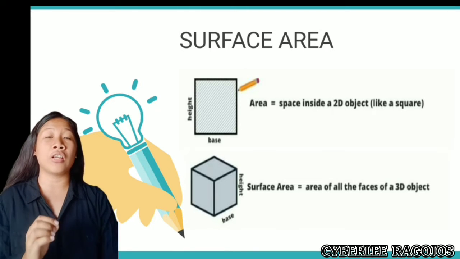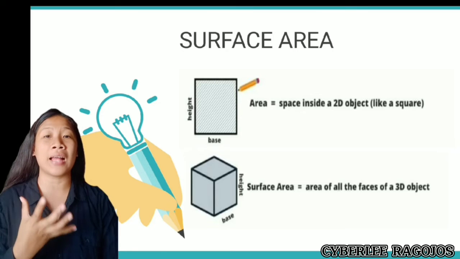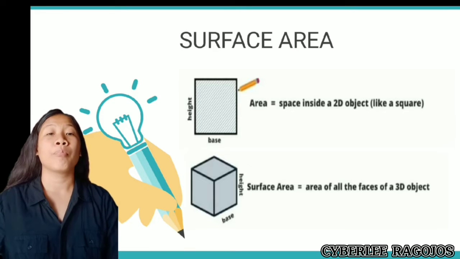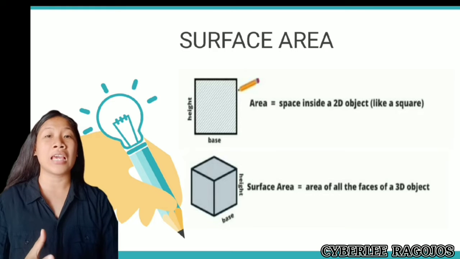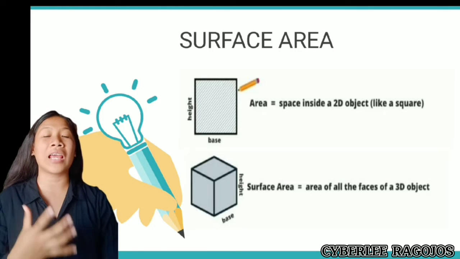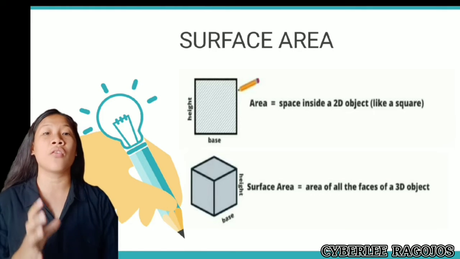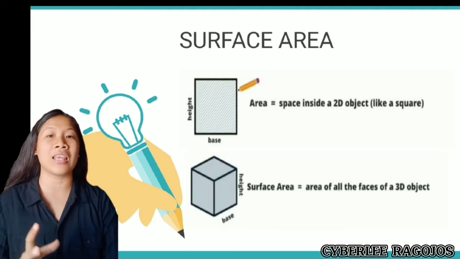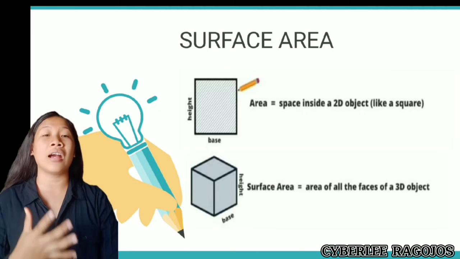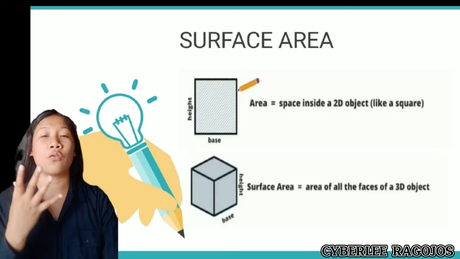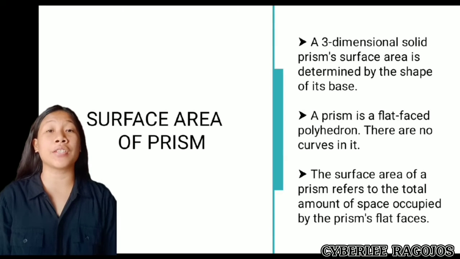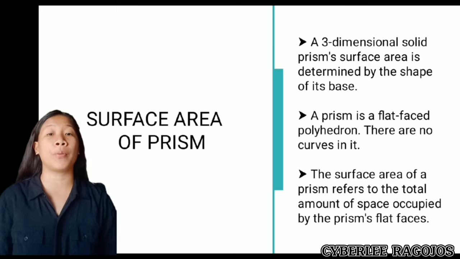So kung mapapansin natin, class, sa cube na yan ay may 6 total faces. Para makuha natin yung total, we need to calculate the individual area of each face and add all. Kung napag-add na natin lahat ng area, ang kalalabasan ay ang surface area, which is yung hinahanap natin. So, let's proceed to the surface area of a prism.